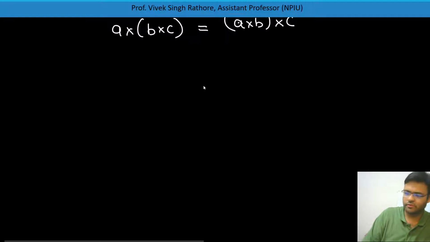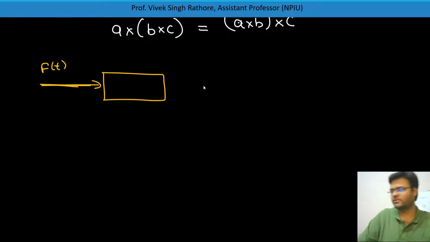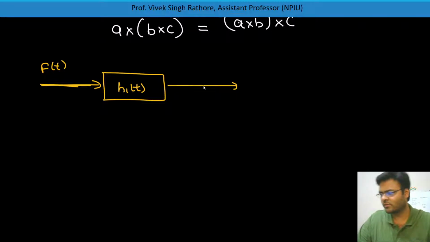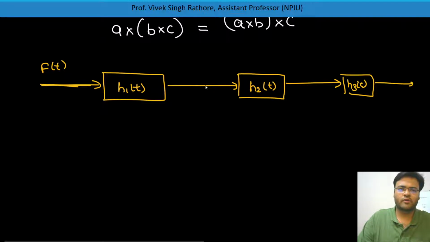Suppose f(t) is your input and you pass it through a block with impulse response h1(t), then another block h2(t), then another block h3(t), and you get output y(t).